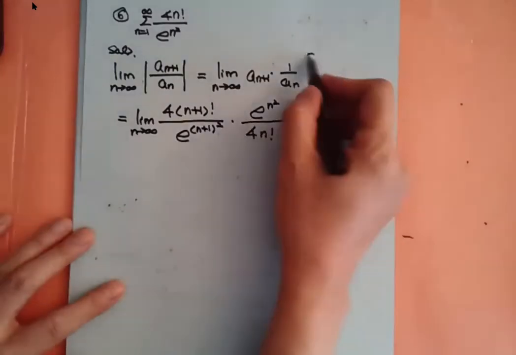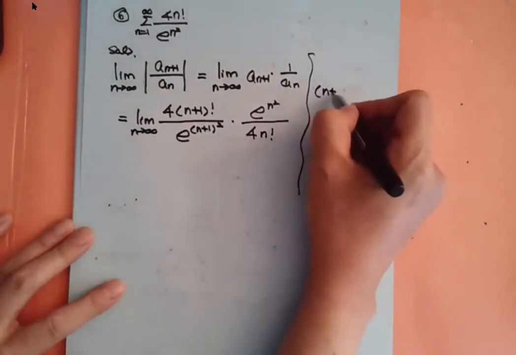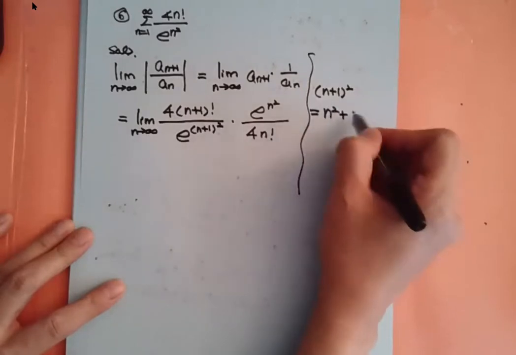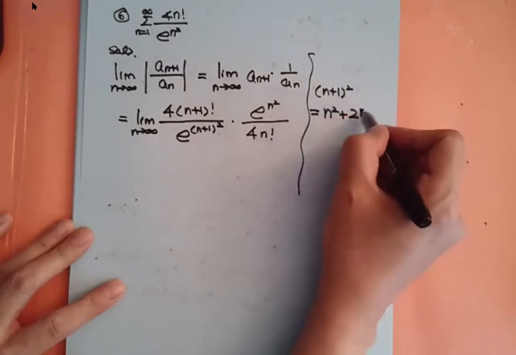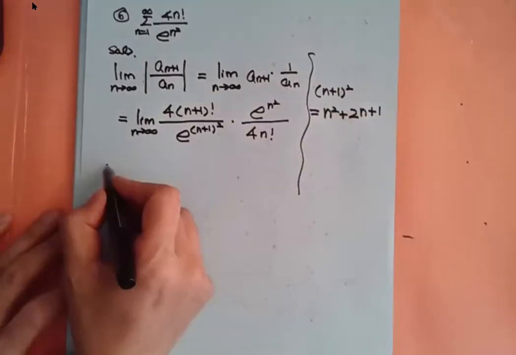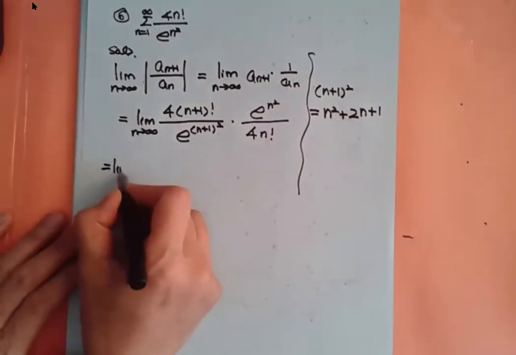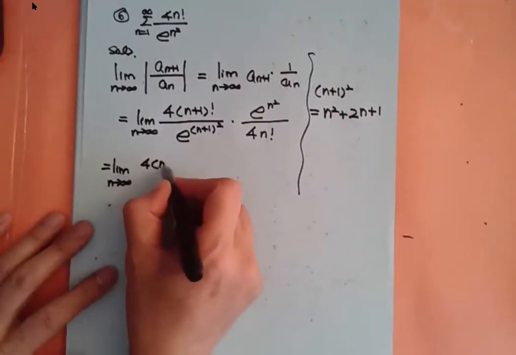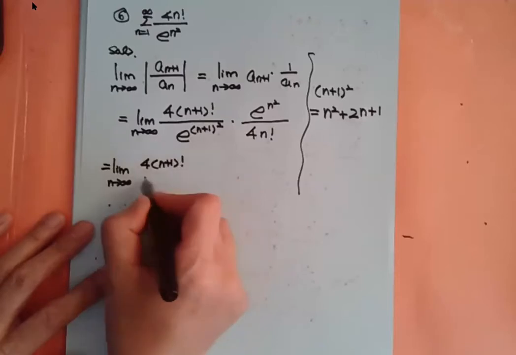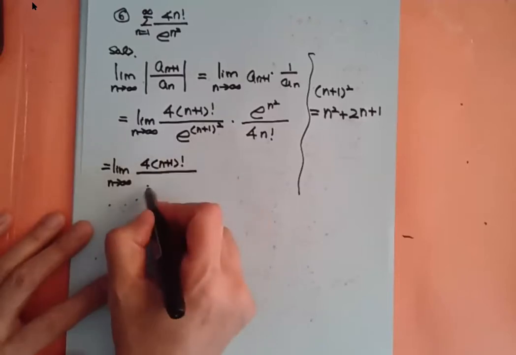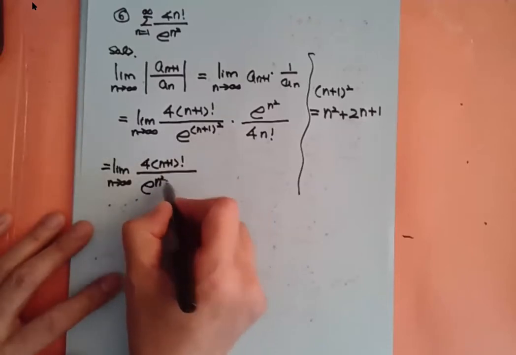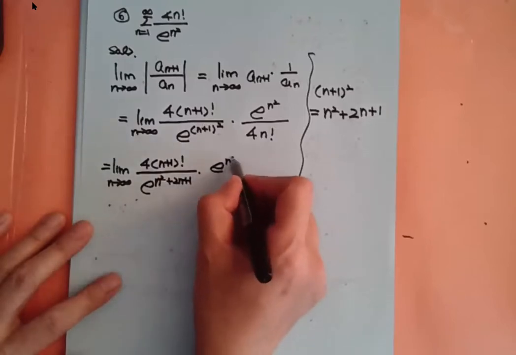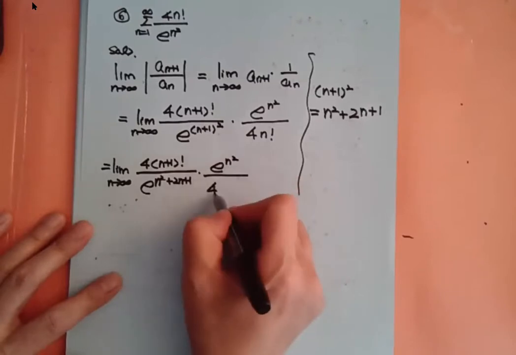So we have to expand n plus 1 squared, then we get n squared plus 2 times n plus 1. So we will write it down. Limit n goes to infinity 4 times n plus 1 factorial over e to the n squared plus 2n plus 1, times e to the n squared over 4n factorial.